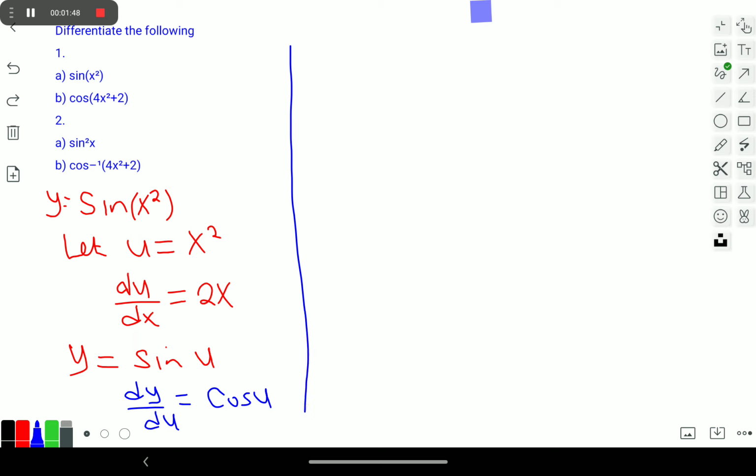Then we continue, meaning that we use the formula dy/dx is the same as dy/du times du/dx.